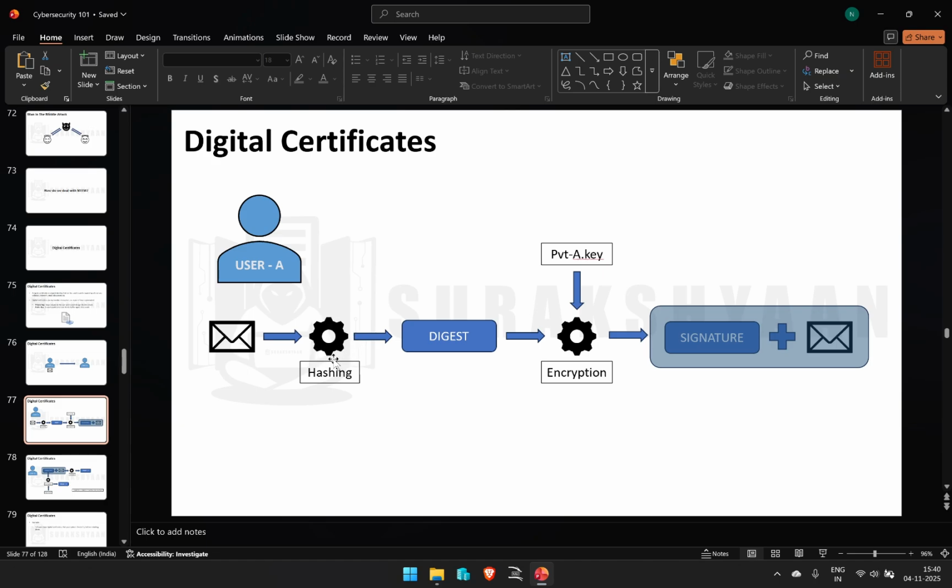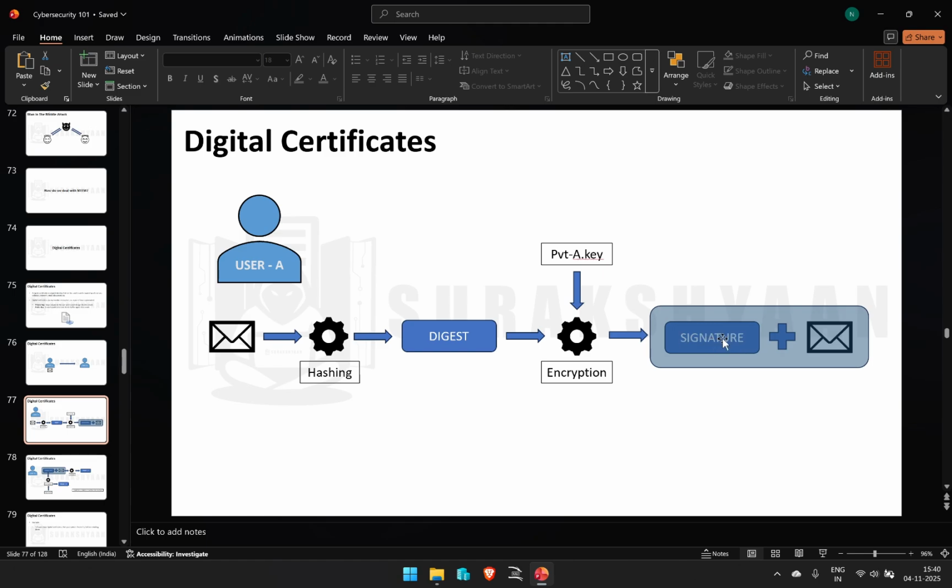This hashing function outputs a hash. In the world of digital certificates, we call this hash a digest. This digest is then passed through an encryption algorithm where the private key of user A is used. This encryption algorithm outputs something called a signature.